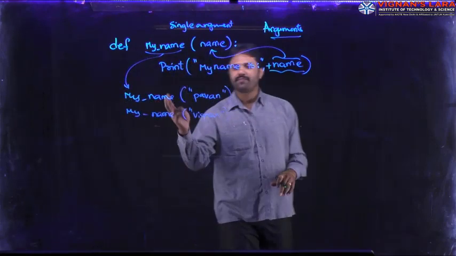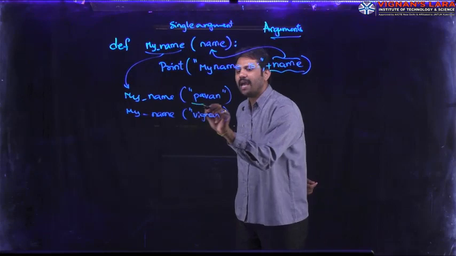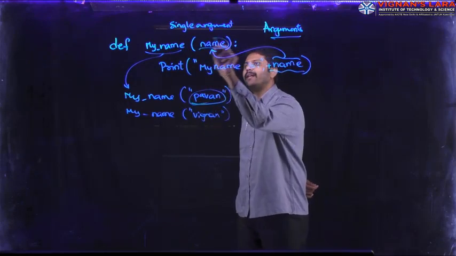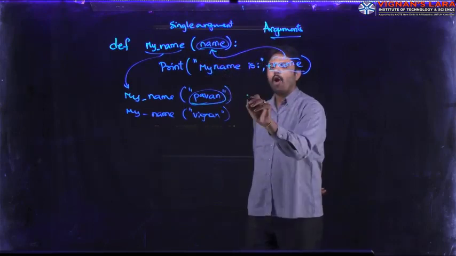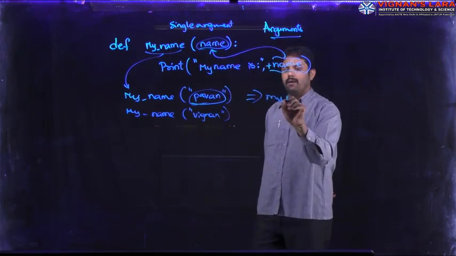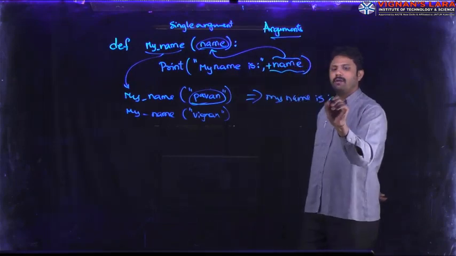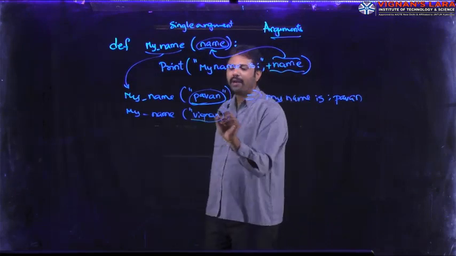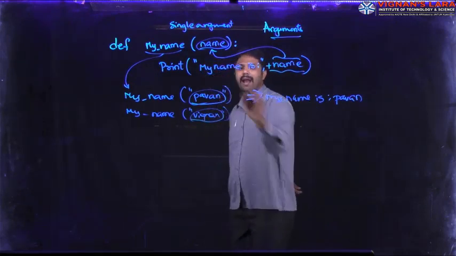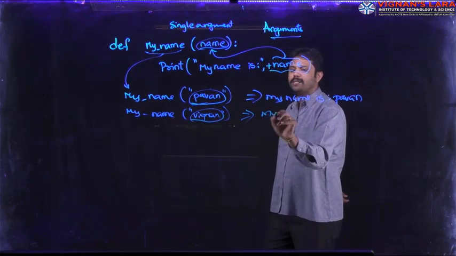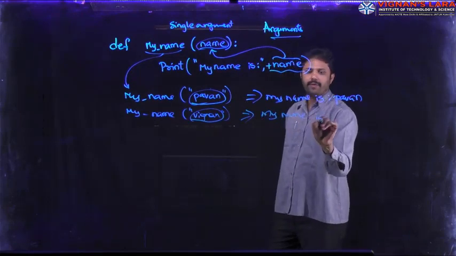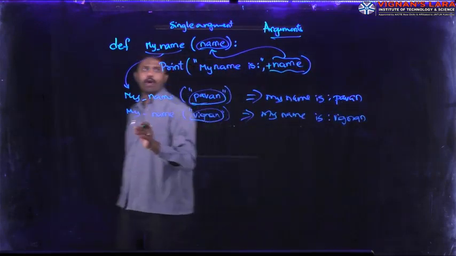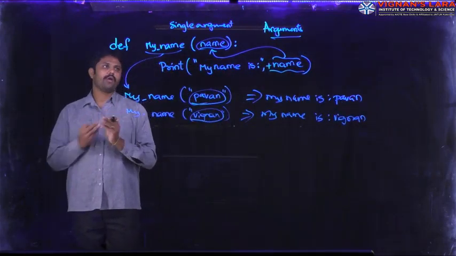If you call this function like this, the first time the value you passed is placed in name and your output is my name is Pawan. The second time you pass the argument Vignan to name, and your output is my name is Vignan. So like this you pass a single argument to the function.